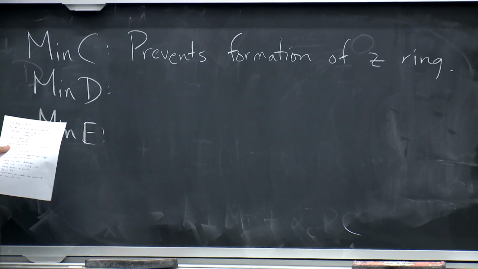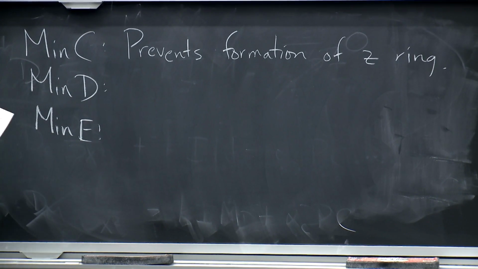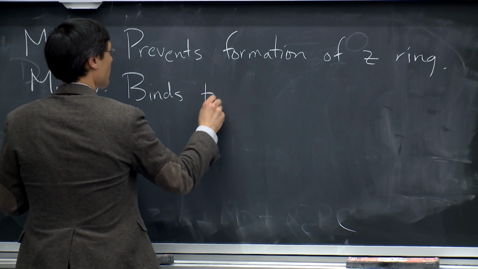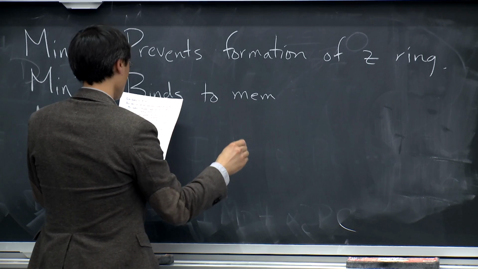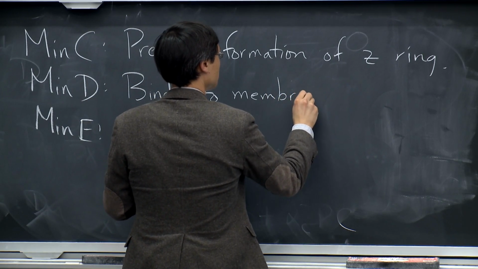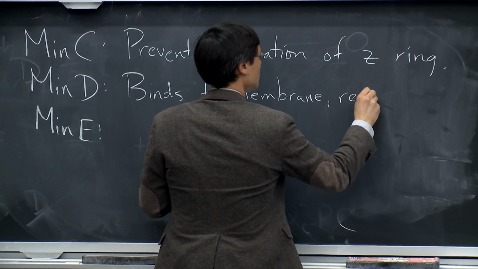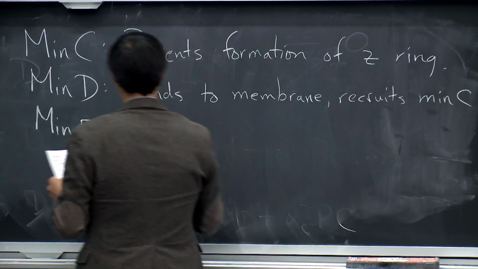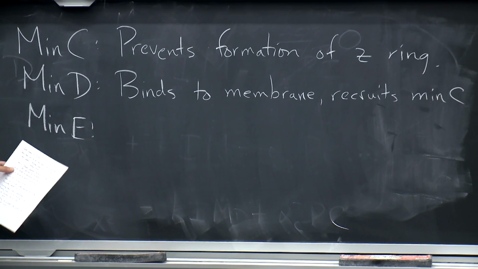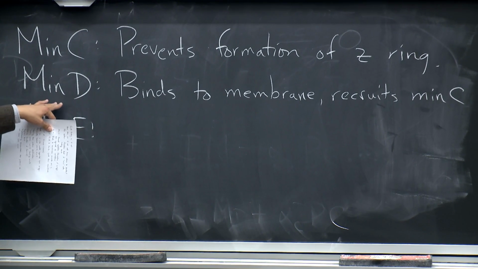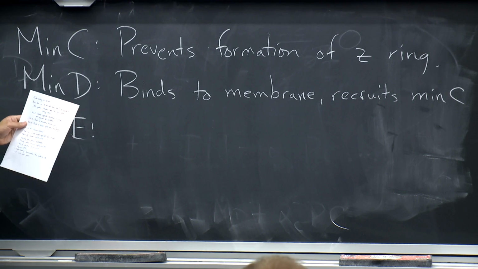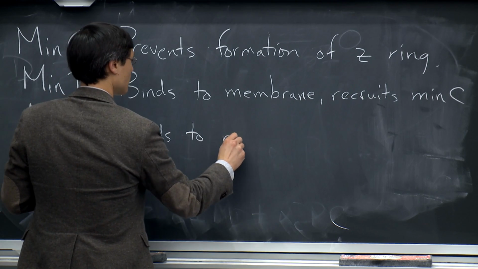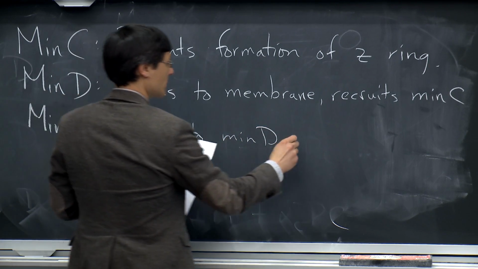Now MIN D and E are kind of the amazing guys. MIN D binds to the membrane and recruits MIN C, whereas MIN E binds to MIN D and pulls it off of the membrane, ejecting it from the membrane.